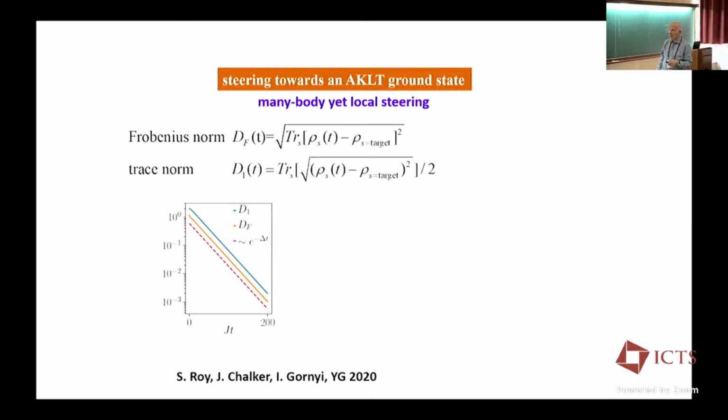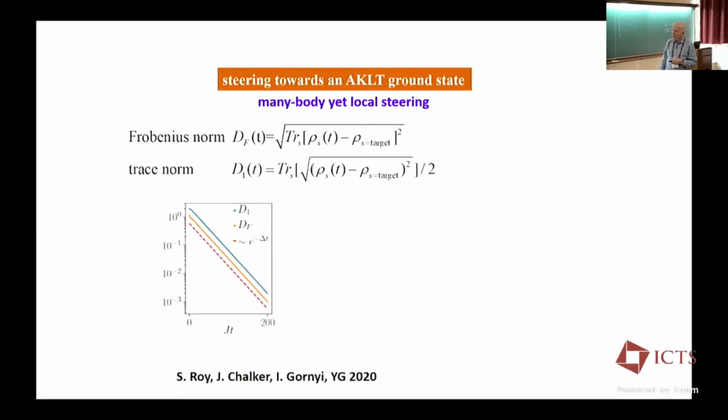I can define this distance using the Frobenius norm or the trace norm, but either way, you can see that this distance decreases exponentially with time, or with the number of repeated infinitesimal steering steps.